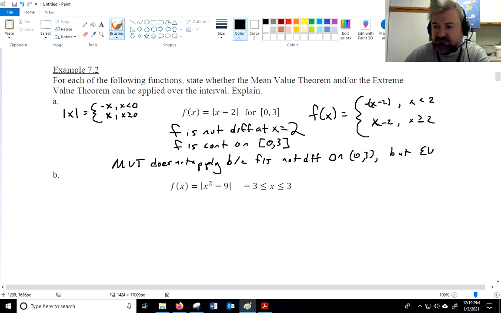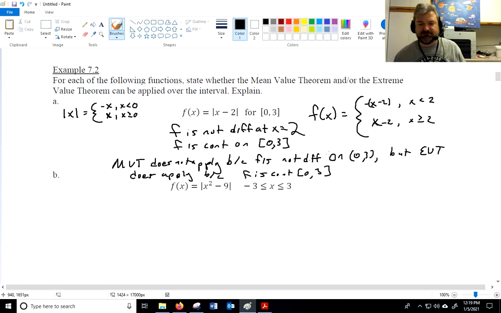But the extreme value theorem, which guarantees an absolute max and an absolute min must exist, does apply, because f is continuous on that interval. Okay, so that's kind of how that works. Let's take a look at the next one.